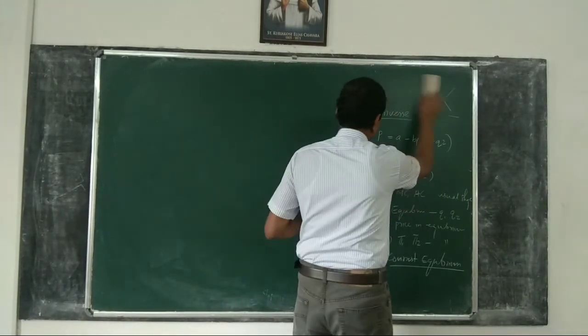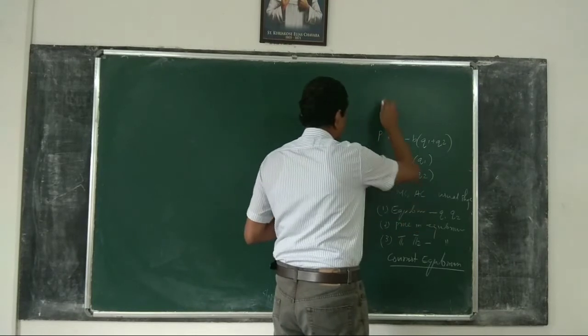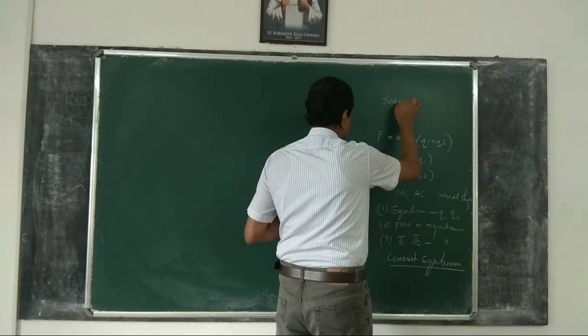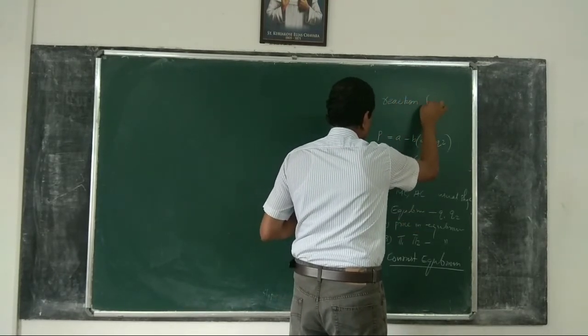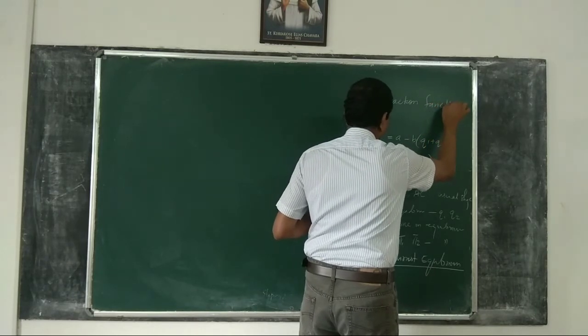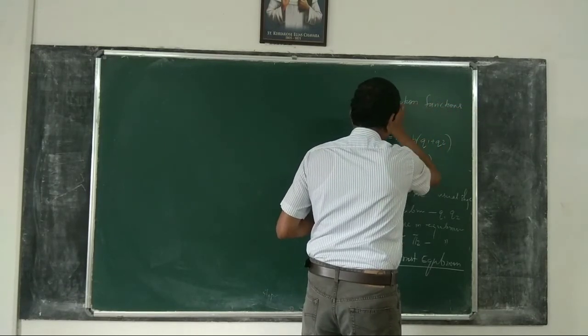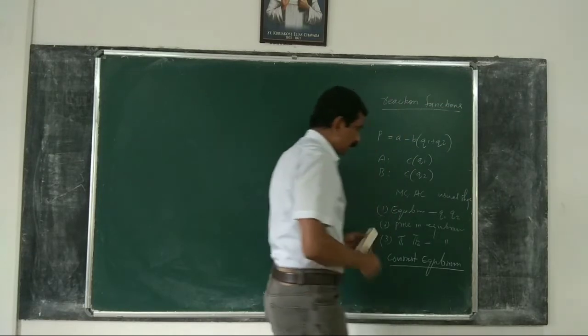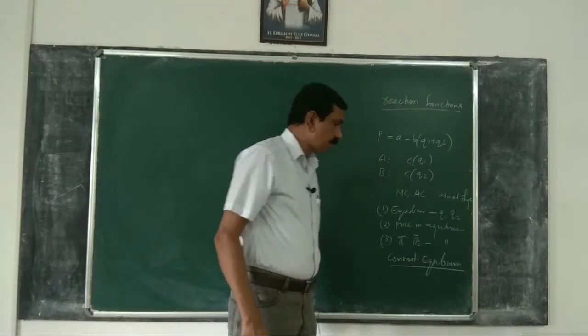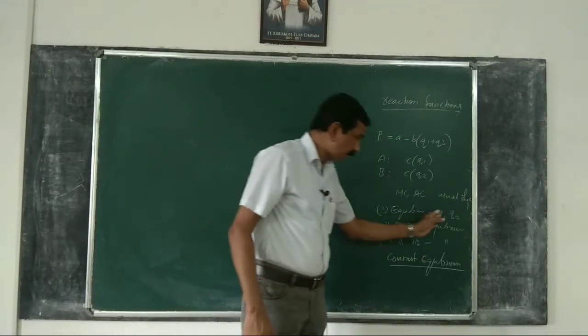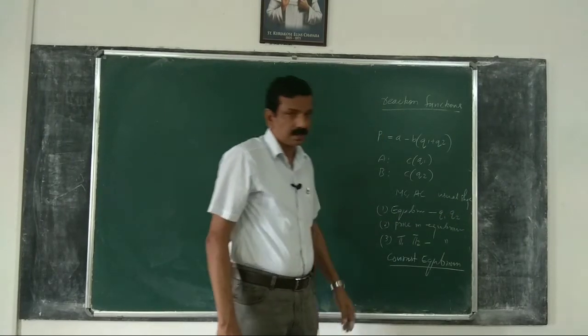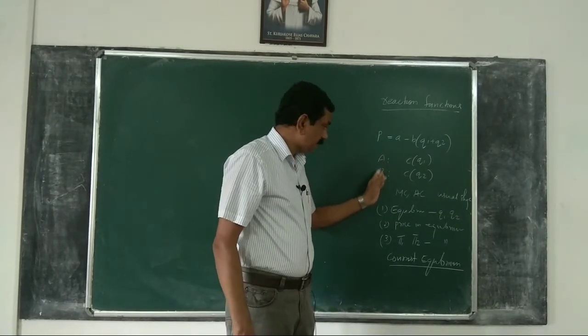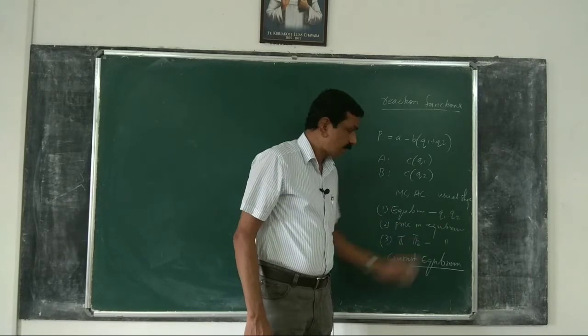Now, in order to understand the Cournot equilibrium and how it is reached, we use a tool known as reaction functions, to explain how the firms reach Cournot equilibrium. Equilibrium means a pair of outputs Q1 and Q2 such that neither A nor B has an incentive to change it.